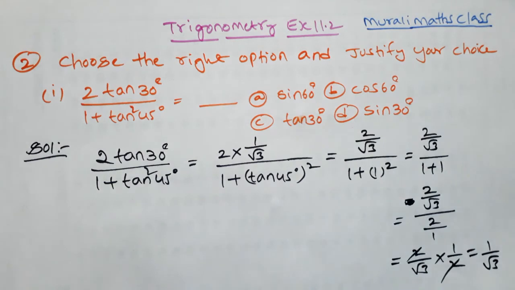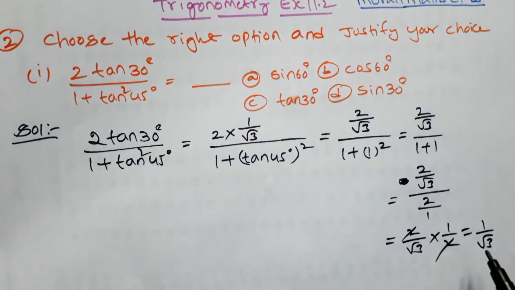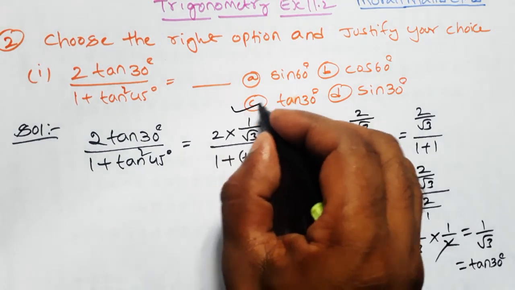Sin 30, 1 by 2. So tan 30 is the answer for this. 1 by root 3 is nothing but tan 30 degrees. So now which is the correct answer? This one, option C.